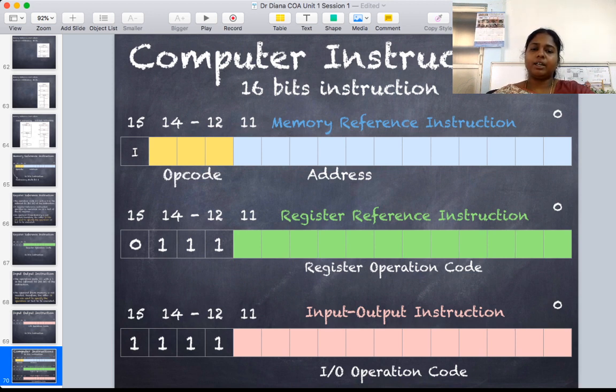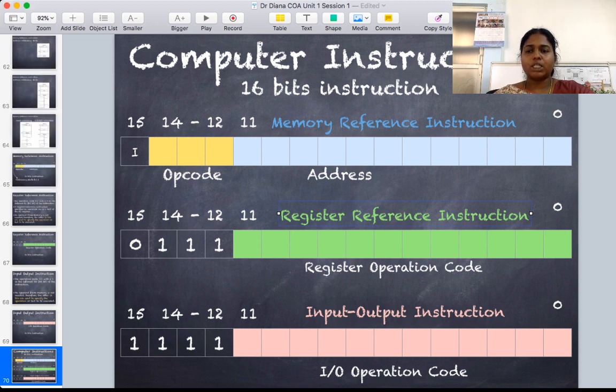And in register reference instruction, we have the first 4 bits set to 0111 followed by 12 bits for specifying the operation code. And in the input output instruction, the first 4 bits are set to 1111 and the rest of the 12 bits indicate the input output operation to be performed.